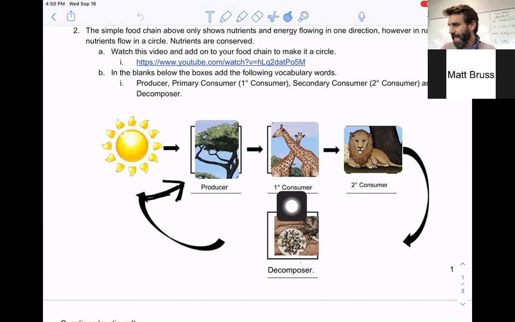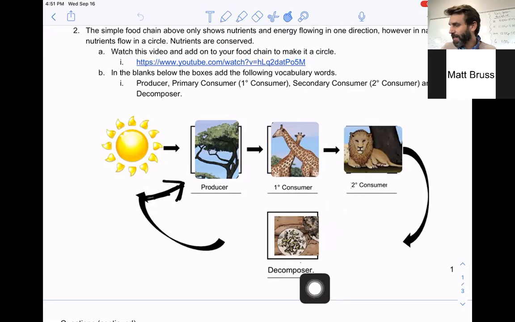And the thing that eats the producer is a consumer. It consumes the plant. It needs to get its energy from the plant. And since it's the first animal that consumes the plant, we call it the primary consumer. And I think students probably then realized that the animal that eats a primary consumer, we call a secondary consumer.